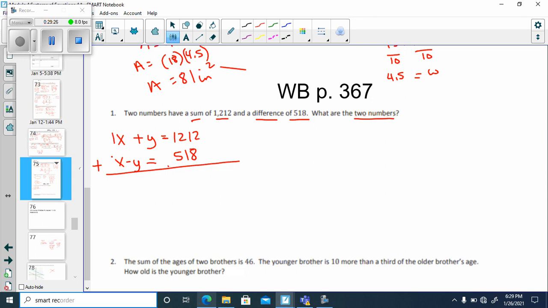I know there's ones in front of all these that don't have anything in front of them. I've got a positive 1Y plus a negative 1Y. That would eliminate the Y. 1X plus 1X is 2X. Add these 2 together, 1,212 plus 518 is 1,730. Divide both sides by 2.